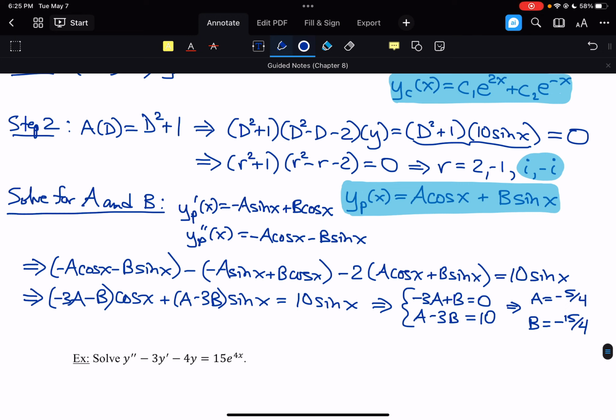So our final solution, now that we know A and B for the particular solution, so we're going to have y of x equals the complementary, c1 e to the 2x plus c2 e to the negative x, and then plus the particular solution. A and B are both negative, however, so that's going to be minus 5/4 cosine x and minus 15/4 sine of x.